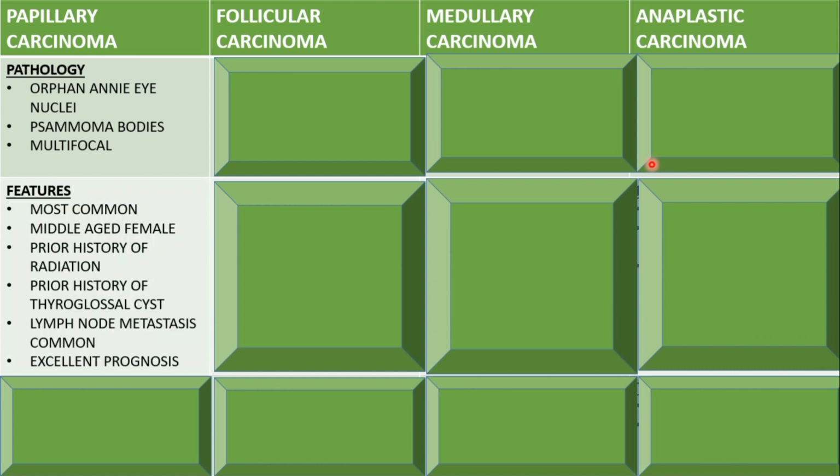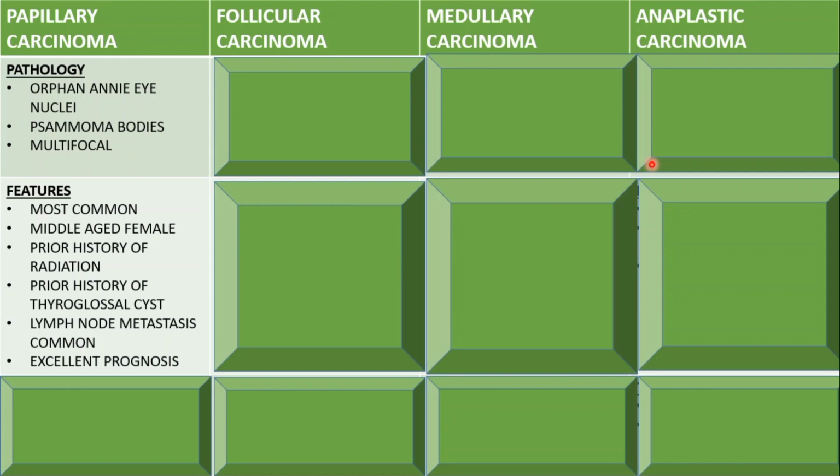Now, let's see the clinical features of this cancer. Generally, in the population, papillary carcinoma of the thyroid is the most common cancer of the thyroid. It is seen usually in middle-aged females, like 35 to 45, and it is also seen in patients who had a history of radiation to the neck or to the chest or to the head.